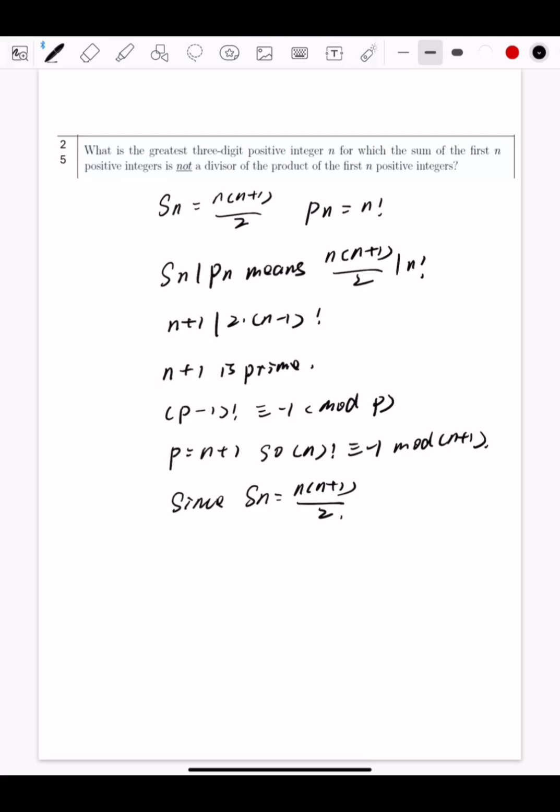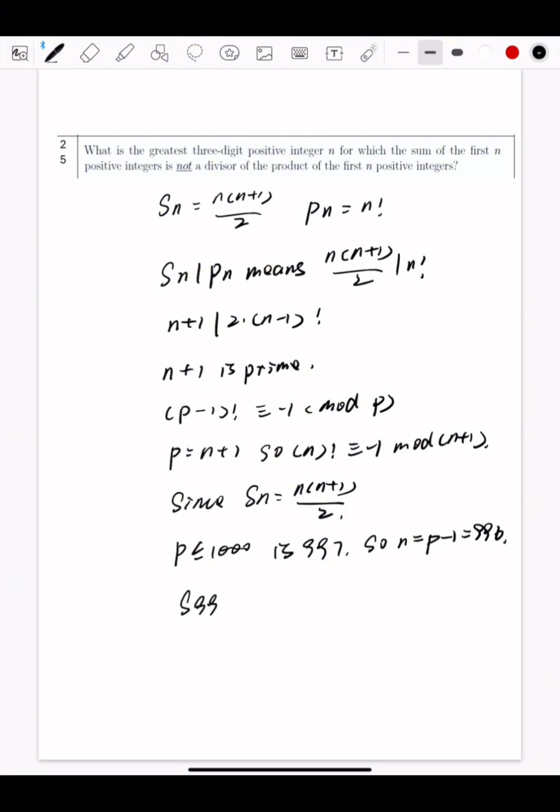And let's find the largest 3-digit n. The largest 3-digit n where n plus 1 is prime. So check the primes just above 999. So the largest prime p smaller than 1000 is here. So I'll verify it when n plus 1 equals 997, that is prime.